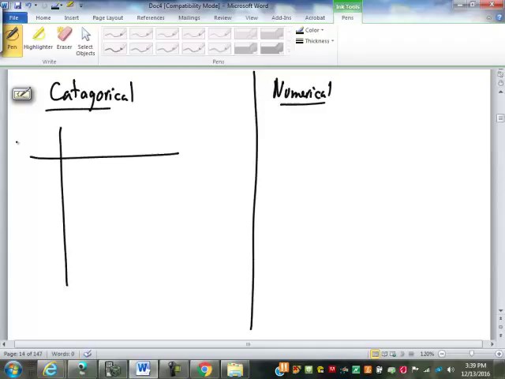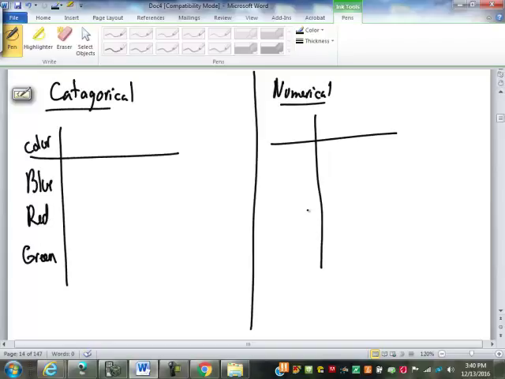For a frequency table, we might have had like favorite color. Maybe I gave you the choice between blue, red, and green. For numerical, we may have had height. This is a frequency.